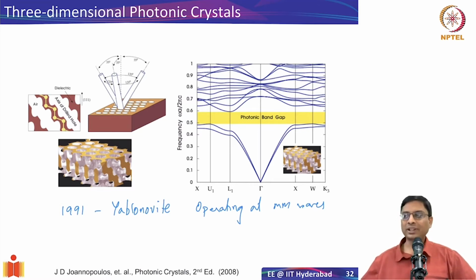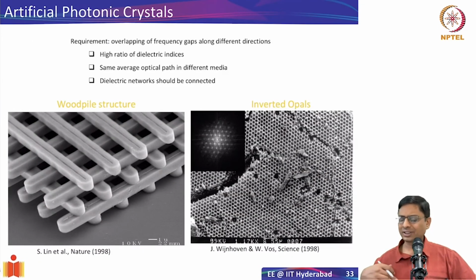So this was a 3D photonic crystal, and after this, there was really a surge in research interest among various groups trying to compete and create artificial photonic crystals. It took some time for people to understand how to do it.